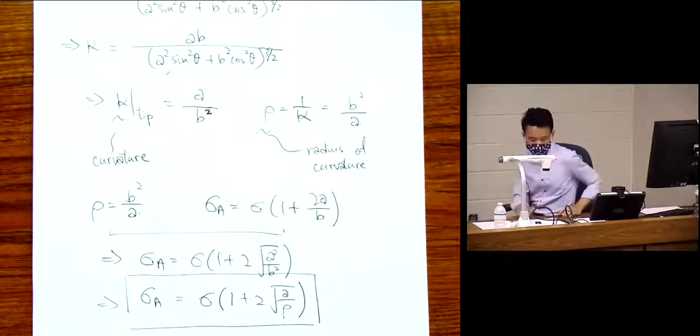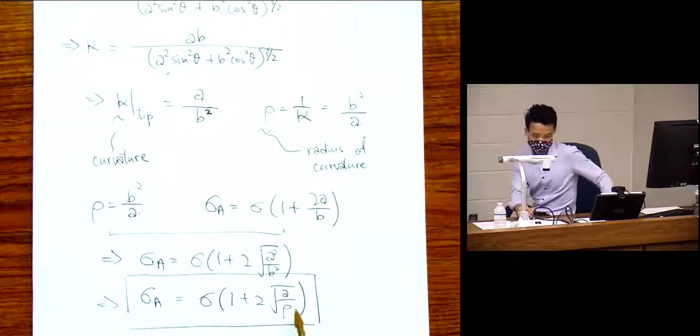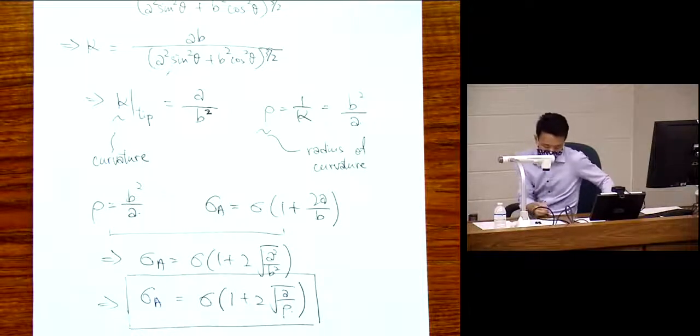So this is telling us what is really happening, right? Because the radius of curvature is the radius of curvature of the flaw at the tip, and A is the length of the crack, right? Now, what this result tells us, there are two things it tells us.